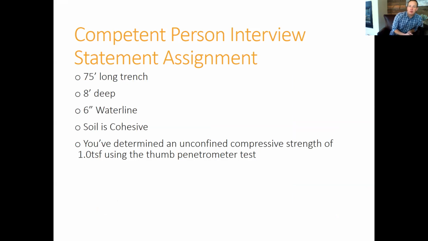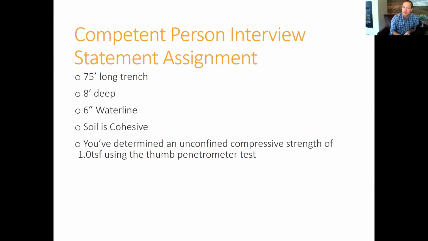Now, what I'm going to have you do is I've given you a competent person interview statement. This was actually something that was given to me by OSHA, and these are the questions that would be asked of you. So I'm going to switch over to that in a minute, but I want you to take note of the scenario. So this is the scenario.